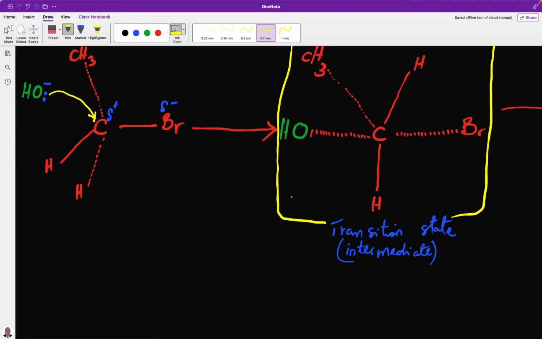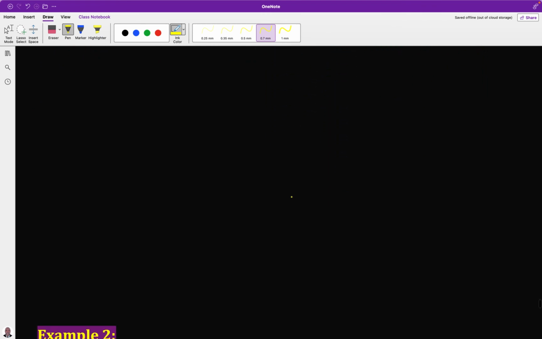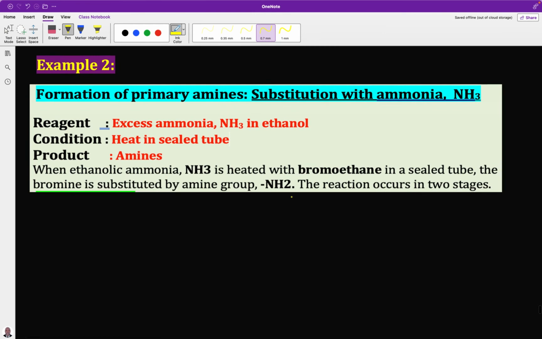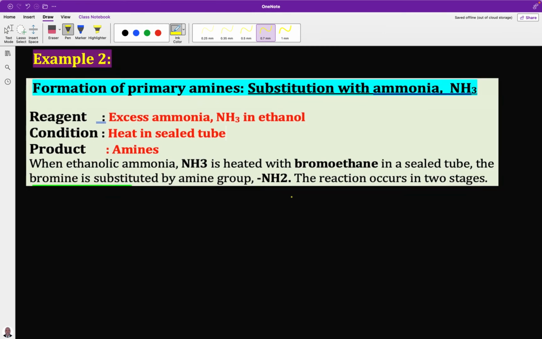Now, in our next example, we're substituting with ammonia.